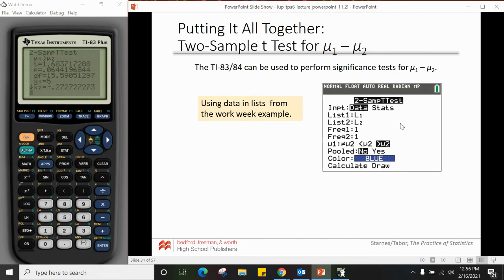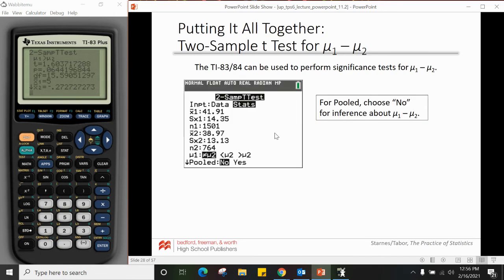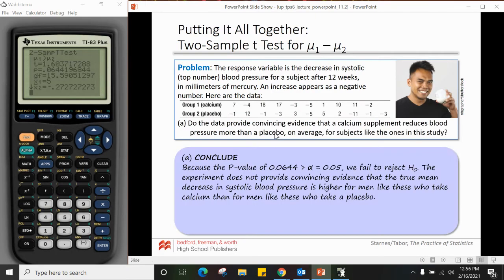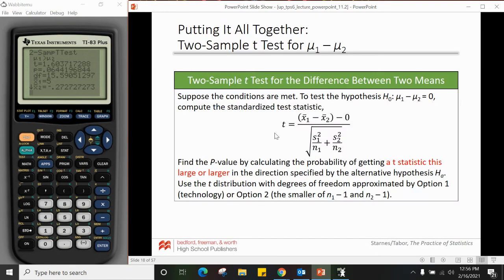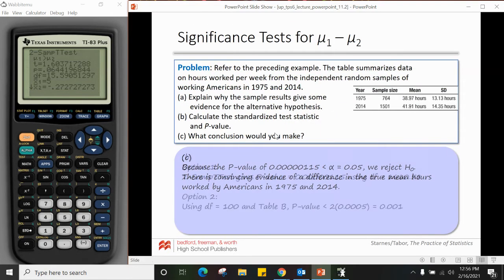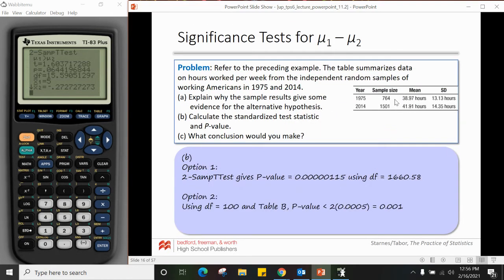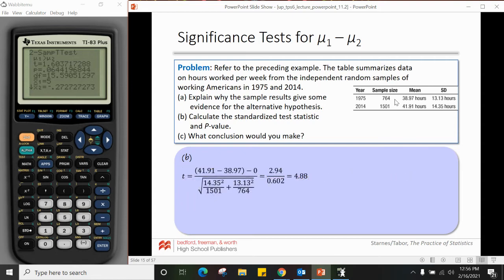So you could plug in, if you want to try, you can go back in the video to the work week. So you could plug this data into your calculator if you want.